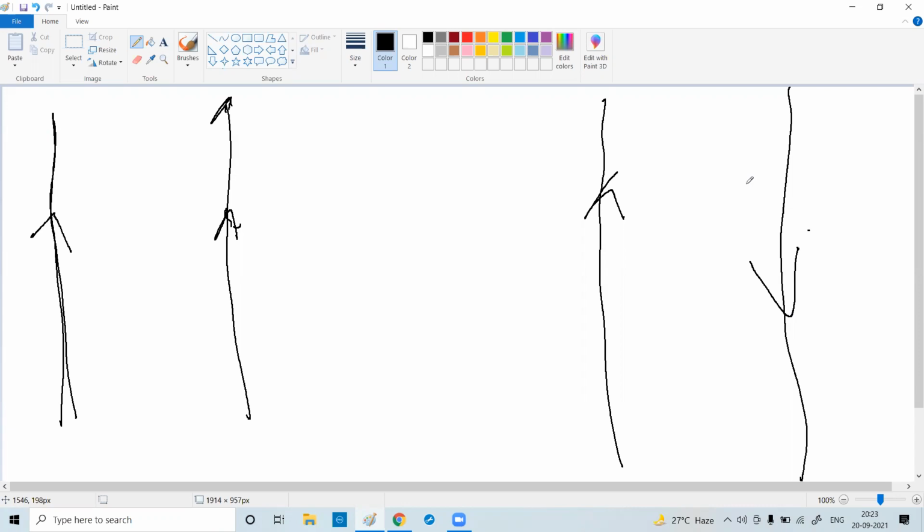Are they going to pull? Obviously, you know very well that when current goes, it will create a magnetic field. Yes or no? We have to apply the right hand screw rule.